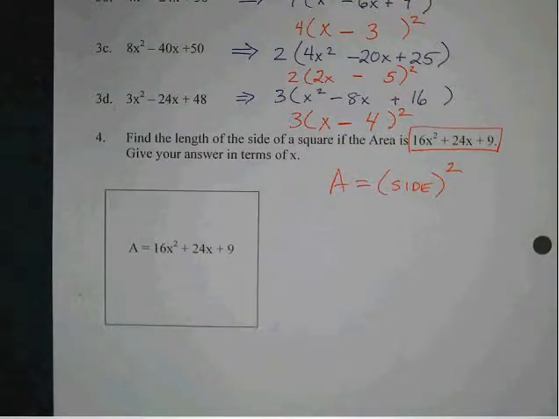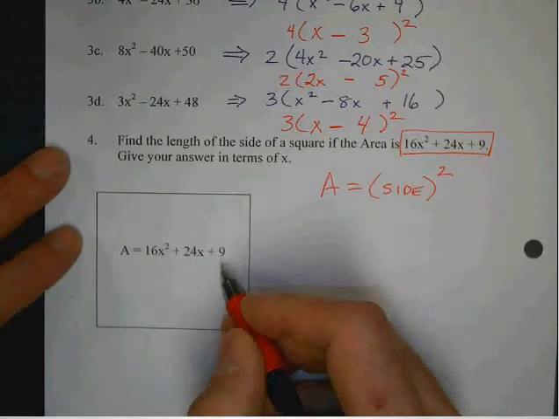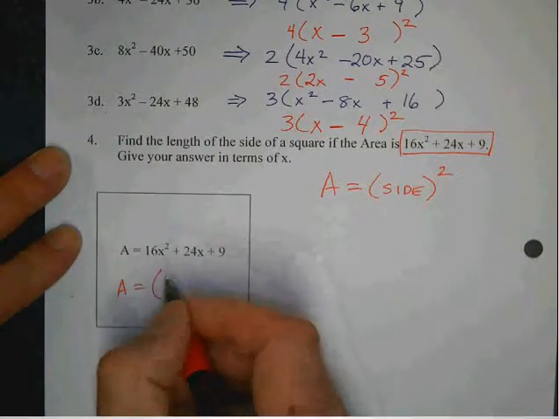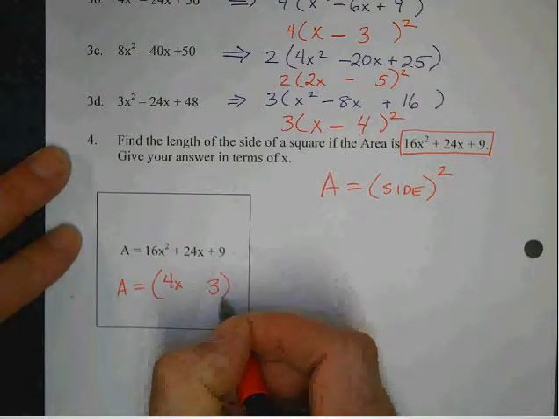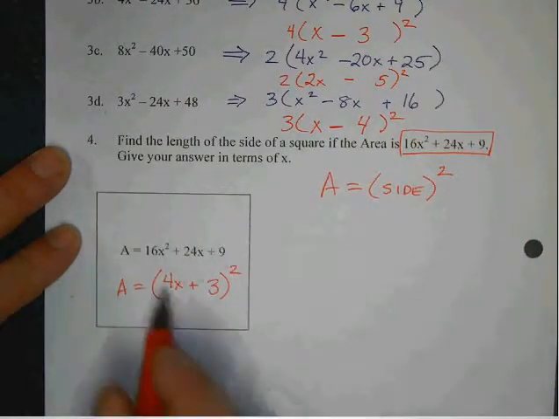Can I write this long trinomial as something squared? Does it fit the pattern? Look at the 16. Is that a perfect square? Okay. Look at the 9. Is that a perfect square? All right. What squared is 16? So 4x. What squared is 9? 3. It's a plus in the middle. So is that a different way to write the area formula?